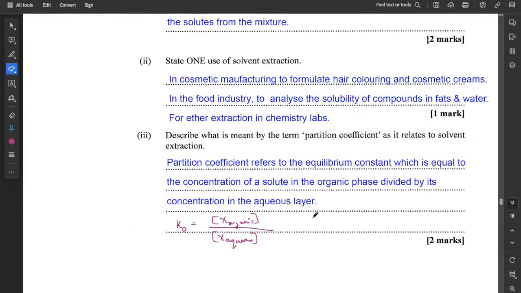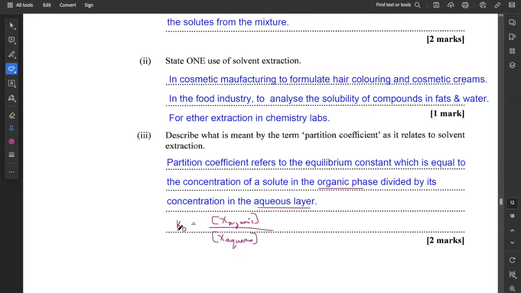Because remember earlier when we said we're using a solvent that only one of the solutes is very soluble in, and we're going to use that to separate the 2 components. So that component is going to have a very specific solubility in the organic solvent that we use, and so it will have a different concentration in the organic phase than in the aqueous phase. So it's kind of partitioned between the organic phase and the aqueous phase.